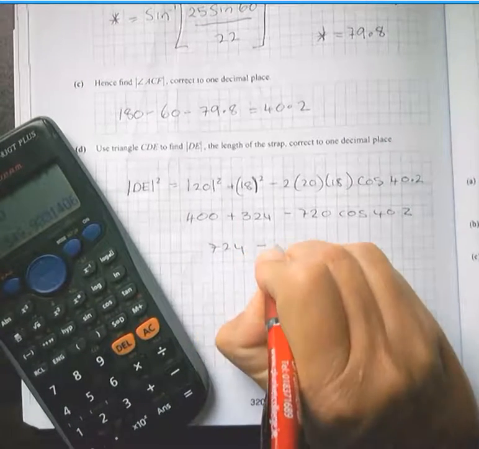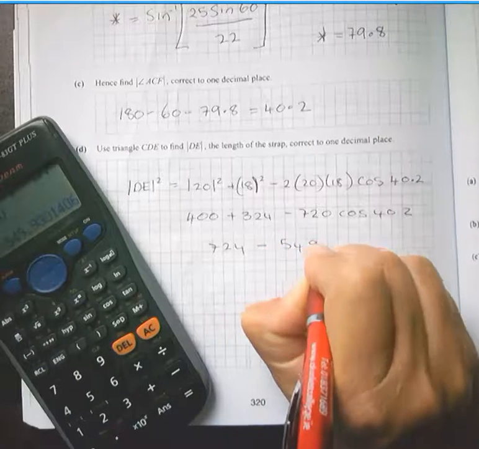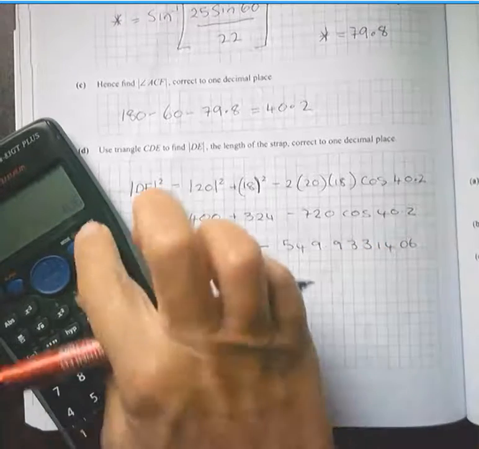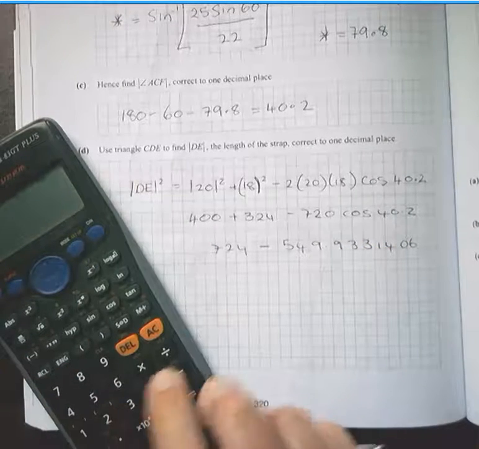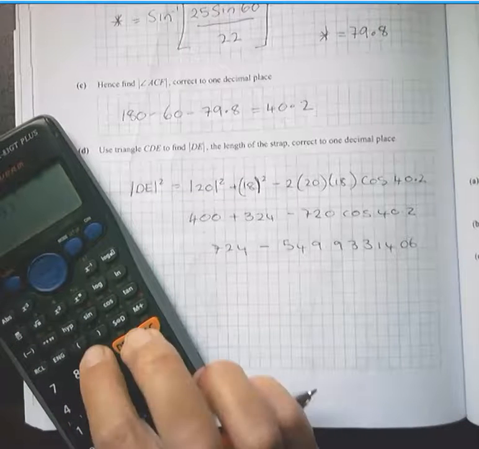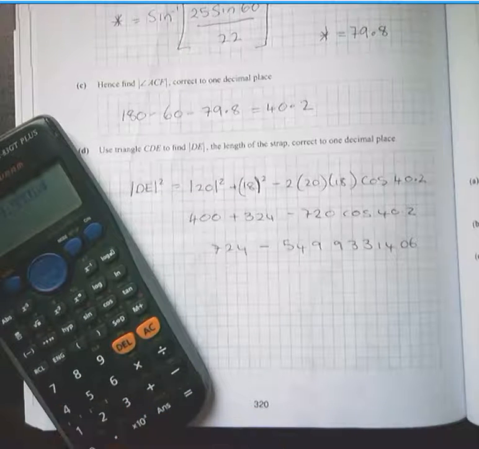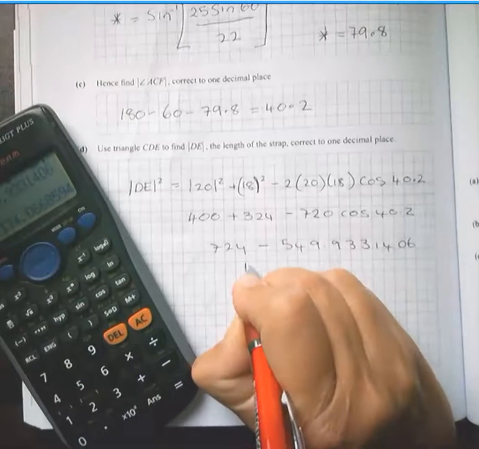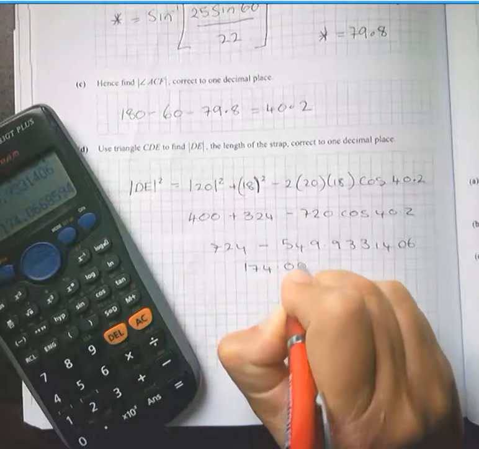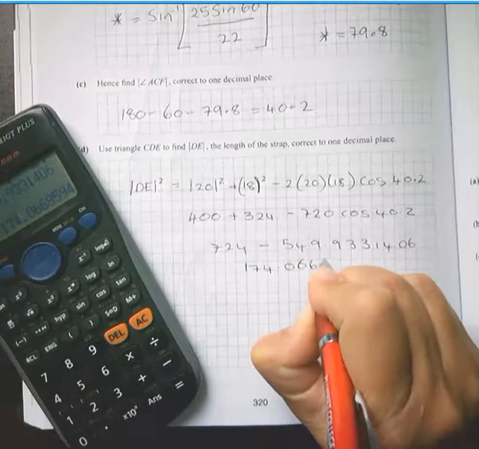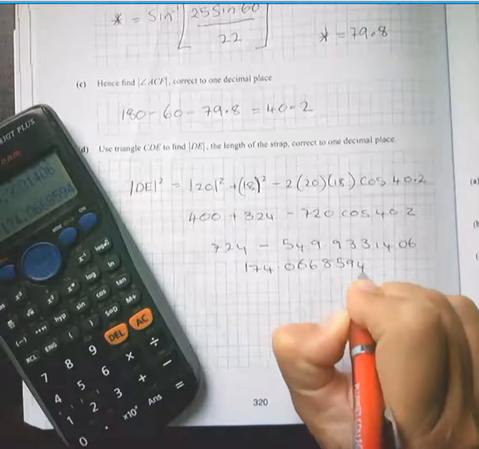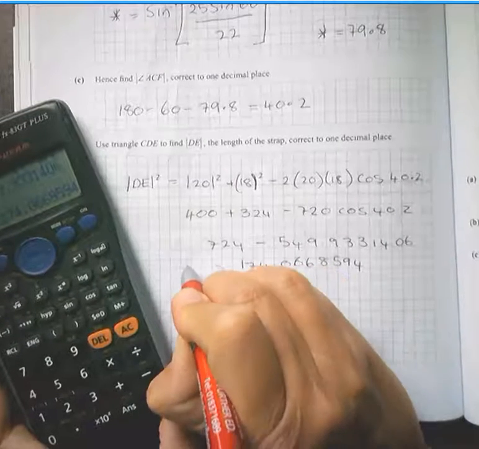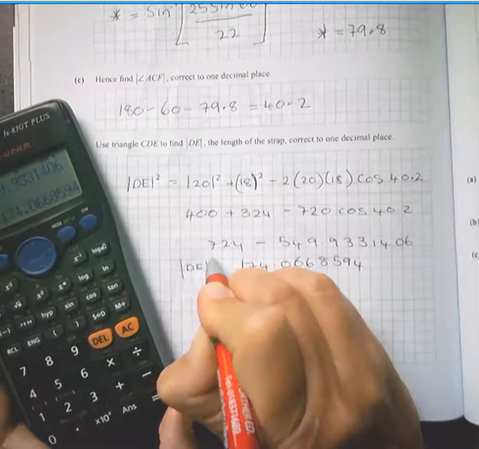So I'm going 724 minus 549.9331406, and I get the grand total of 174.0668594, and that is equal to the DE length squared.